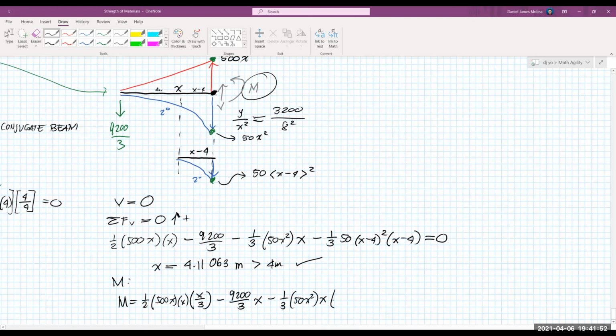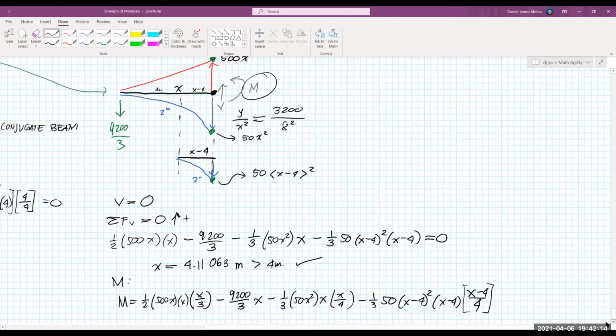Since it's a parabolic spandrel again, we have x over 4. And then lastly, one third of 50(x minus 4) squared by (x minus 4) times (x minus 4) over 4.